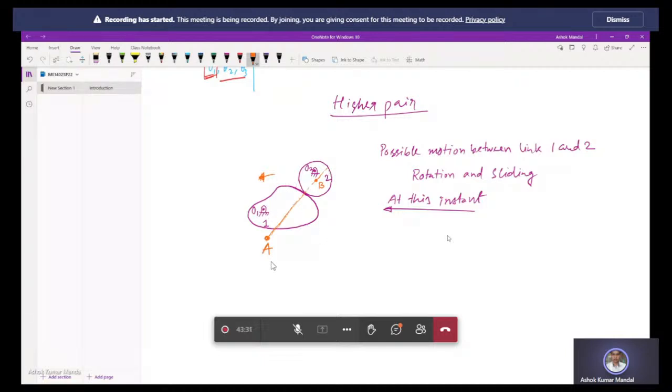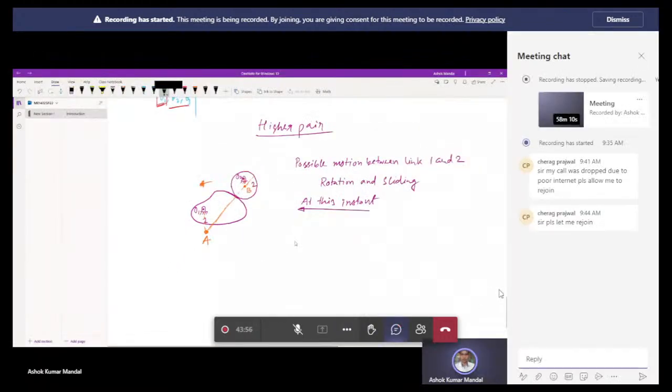Okay, so from this argument we can say that at this instant, this whole higher pair can be represented by these lower pairs, because the motion can be represented at this instant. Remember always that at this instant the motion can be represented by this mechanism which I am drawing here below.